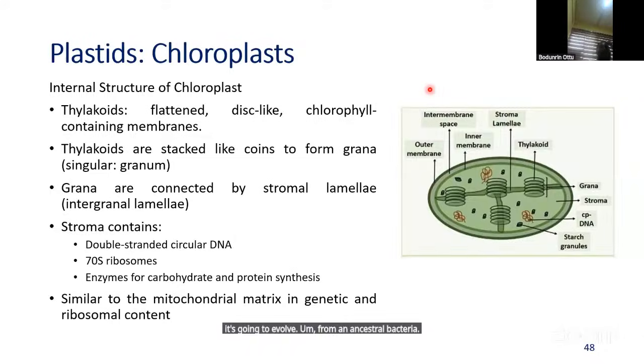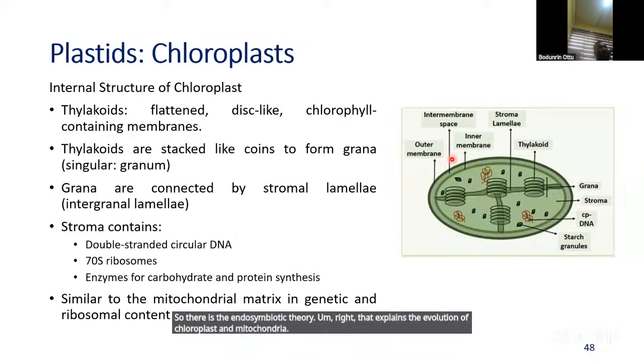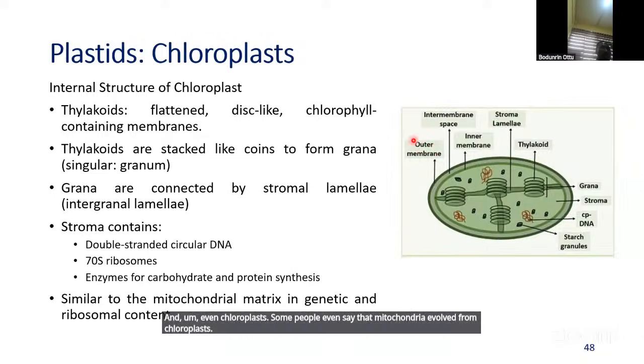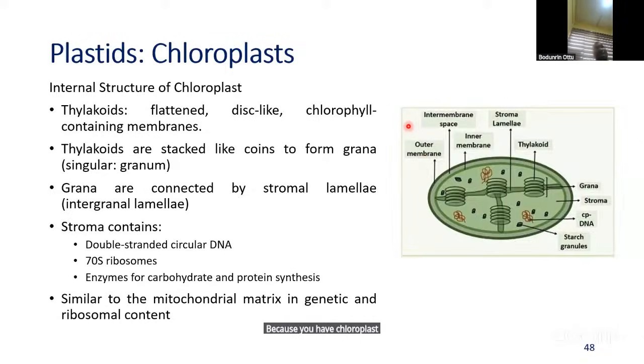So there is the endosymbiotic theory that explains the evolution of chloroplast and mitochondria. Some people even say that mitochondria evolved from chloroplast, because you have chloroplast in algae, cyanobacteria, and different algae, blue-green algae.